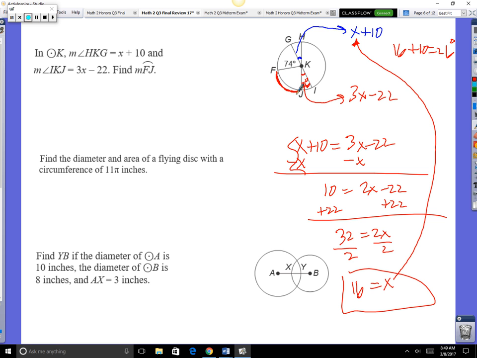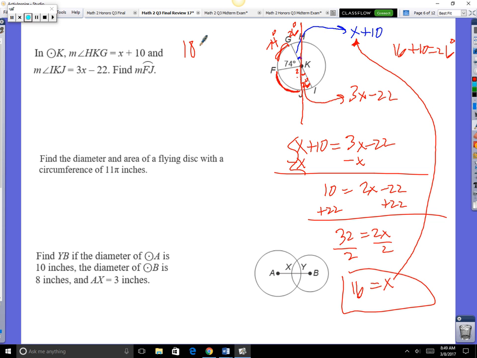And to know this arc, we need to know the angle. And now, that angle you can get because that is a straight line. So that's 180. So this much of the 180 is 74. This much of the 180 is 26.